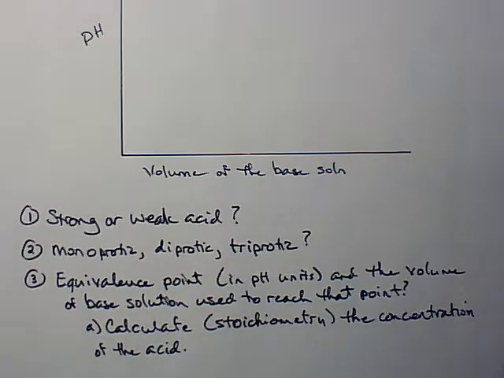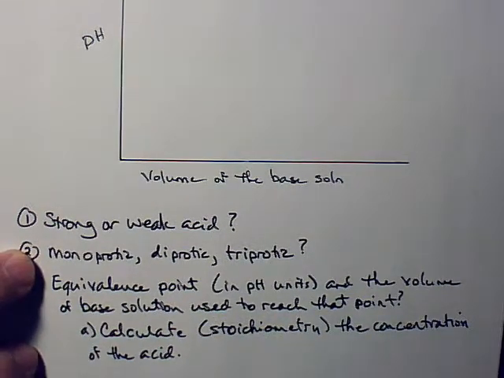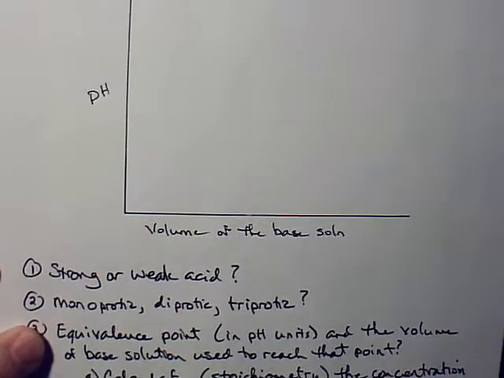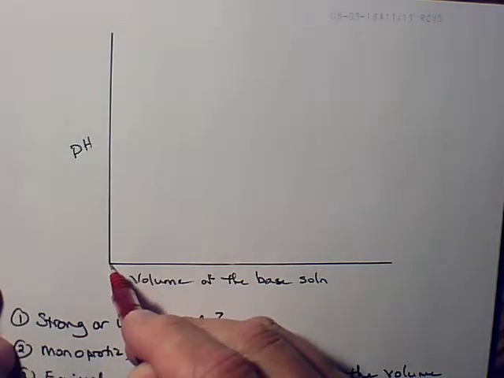So you're going to be able to tell me an awful lot about the unknown acid that you're working with from this graph you're producing. Now, these graphs will all look different, but we can say some things about pH curves generally. And then the rest of it you just have to evaluate as you go along.